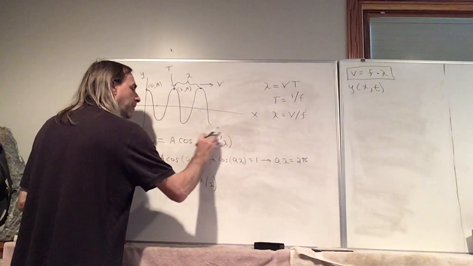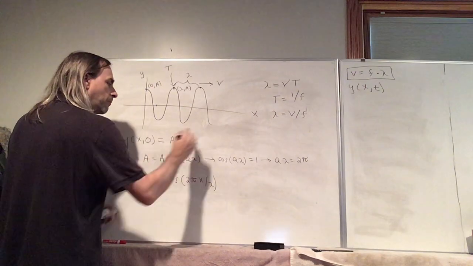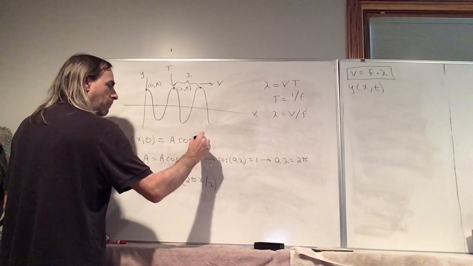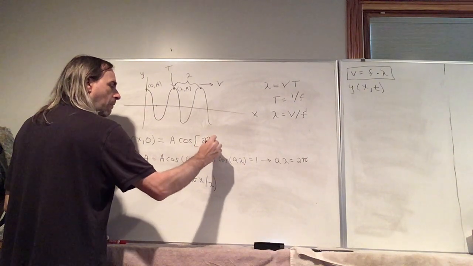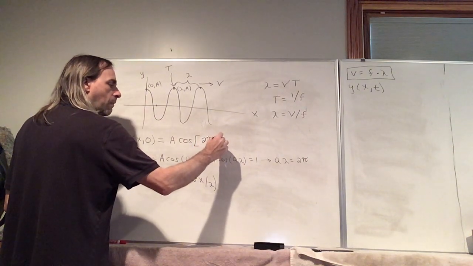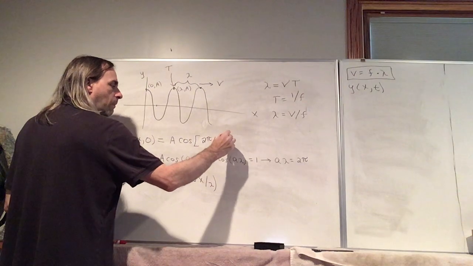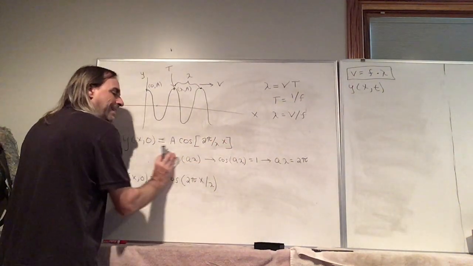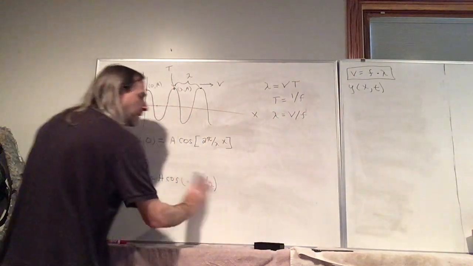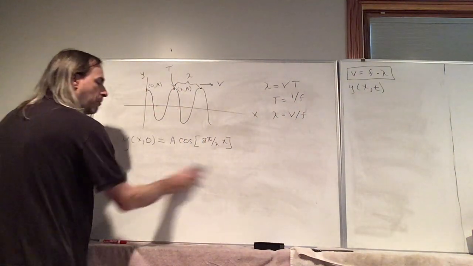Actually, I want to do this a little bit differently. Okay, so 2 pi over lambda, that's a constant, and then x is our variable.